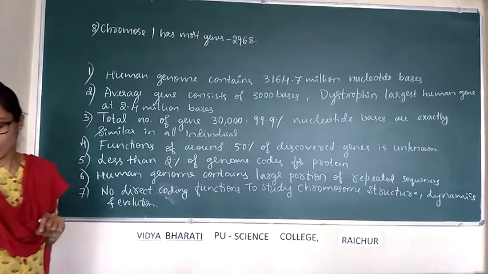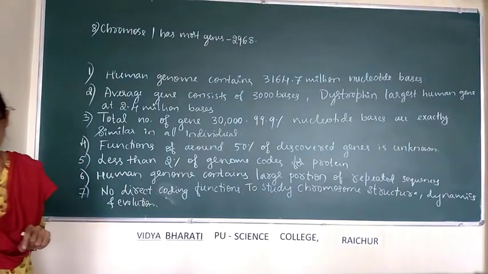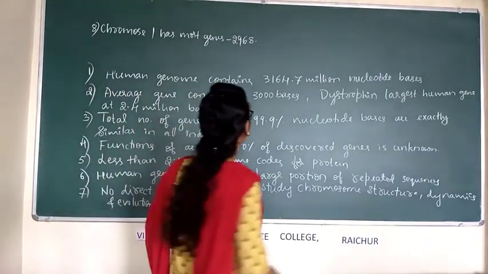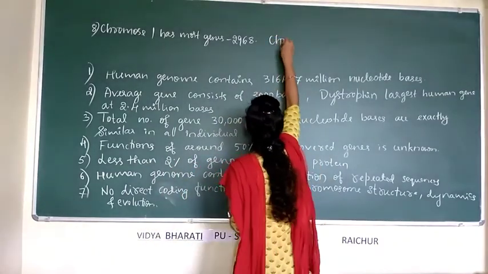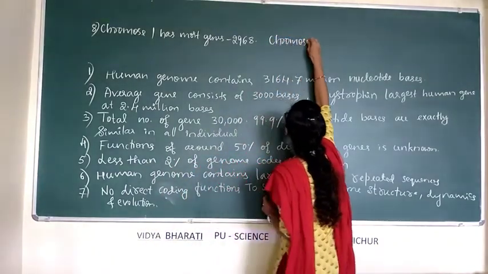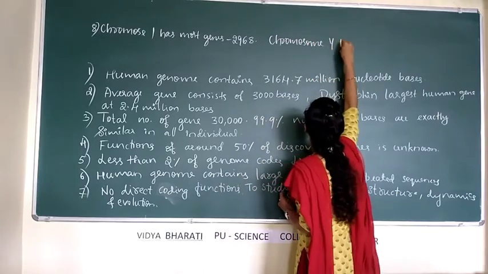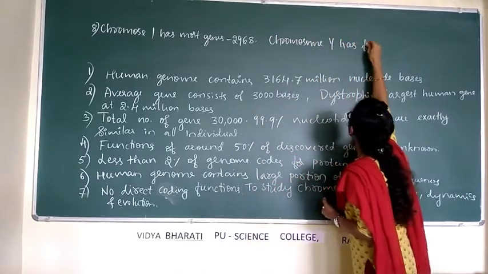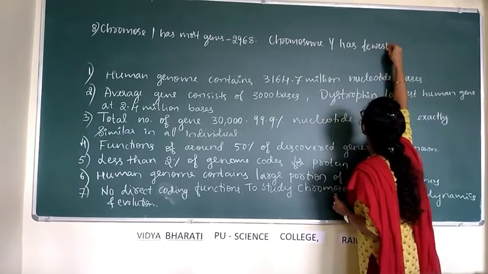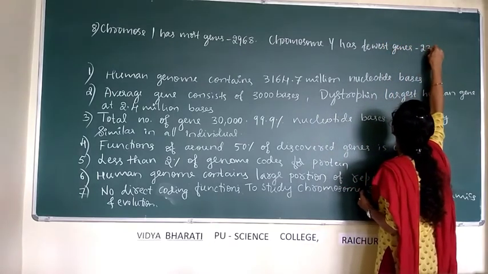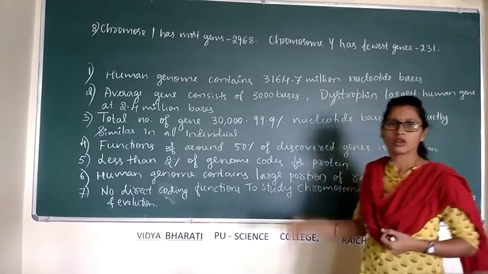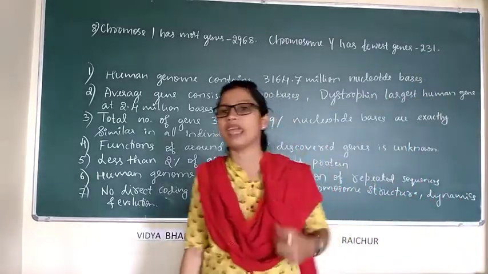has the fewest genes, a very small number of genes, that is 231. The Y chromosome is present in males.